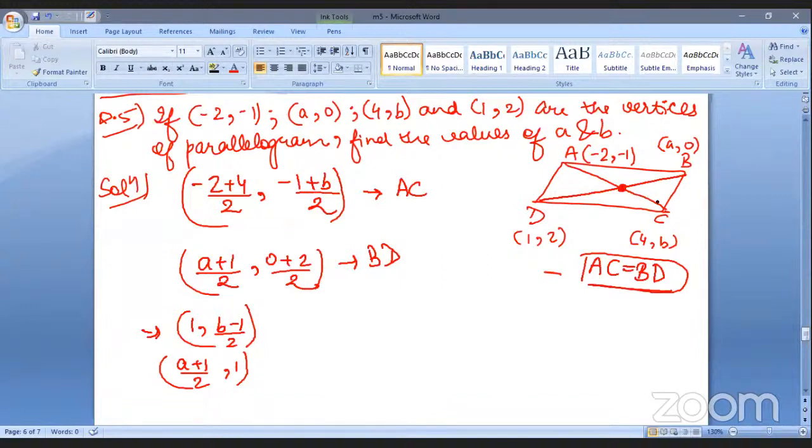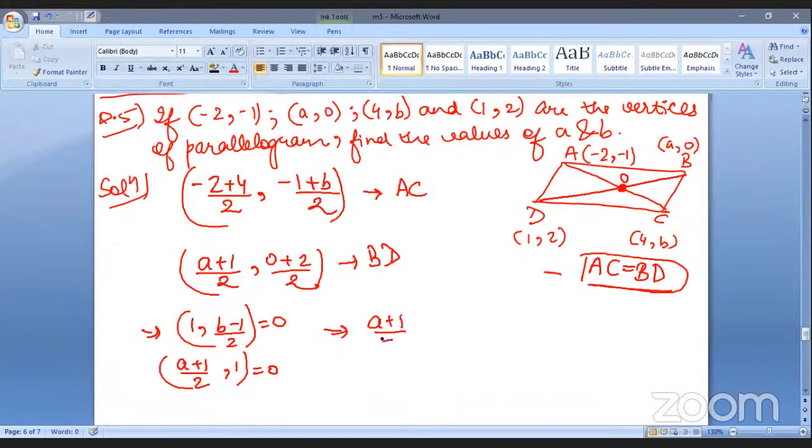According to AC the midpoint came out to be this, and according to BD the midpoint came out to be this, and this midpoint belongs to both. So we can equate these two entities because they are the same. They both are the midpoint, like point O. So let us make them equal.